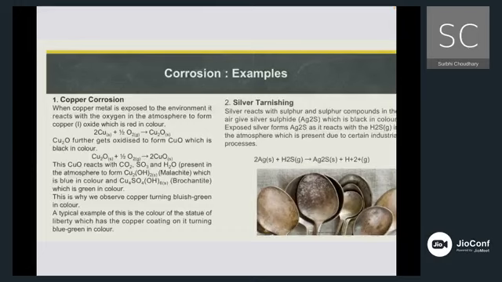Finally, the cupric oxide reacts with carbon dioxide, sulfur trioxide, and water, that is the moisture content present in the air. Thereafter, it converts into malachite and brochantite, that is copper hydroxide and copper sulfate hydroxide. They are blue and green in color respectively.